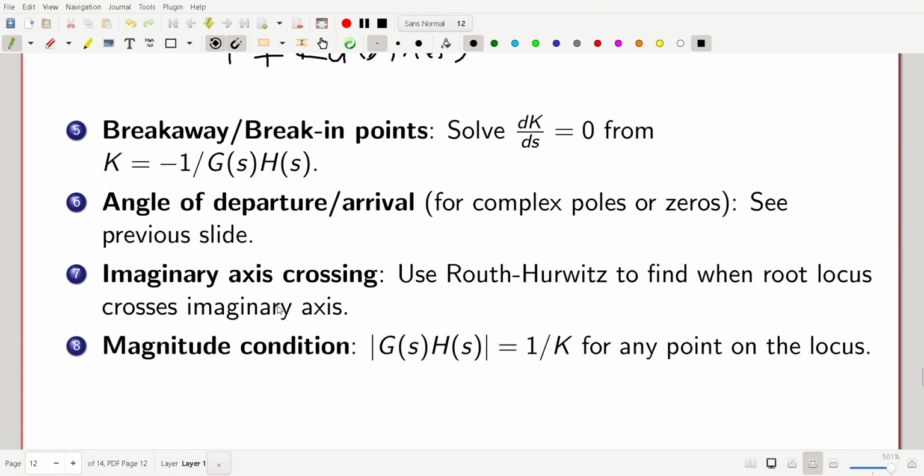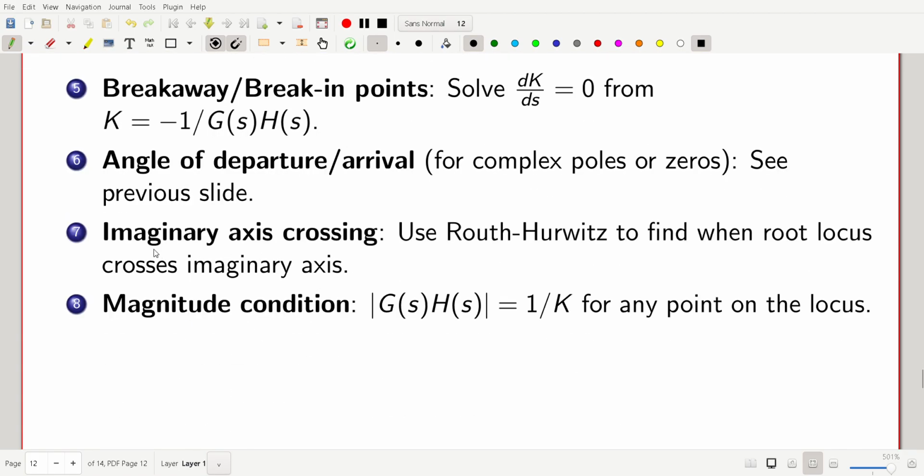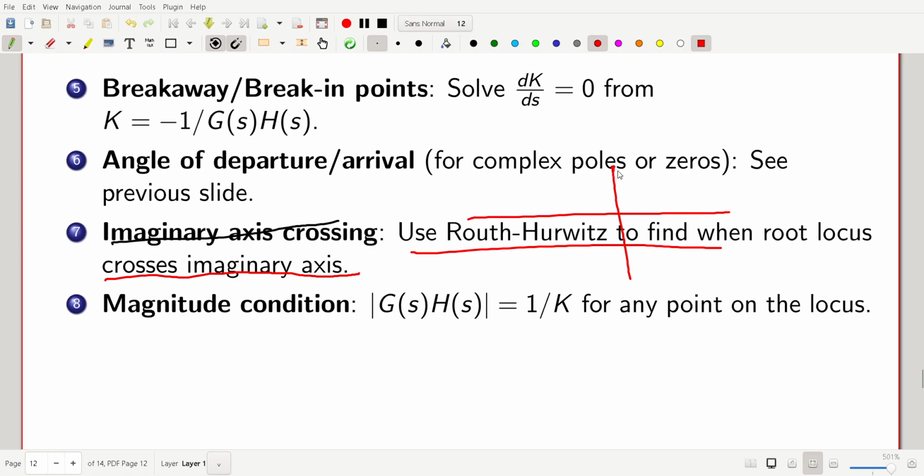Okay, and imaginary axis crossing. Use the Routh-Hurwitz criterion to find where the root locus crosses the imaginary axis. So for example, this is my imaginary axis, and I'm just randomly drawing the root locus.